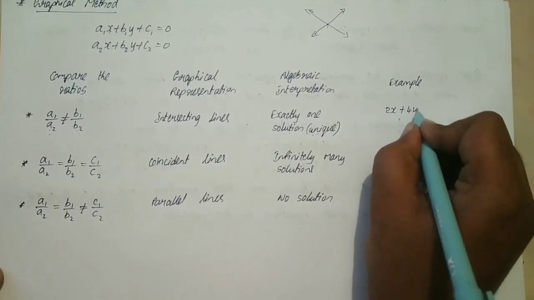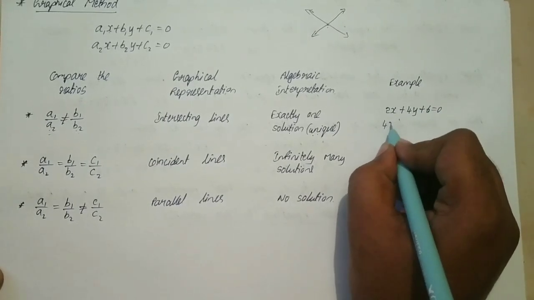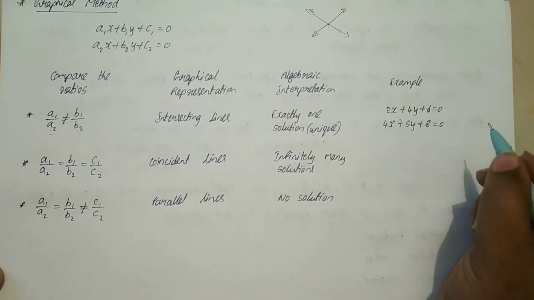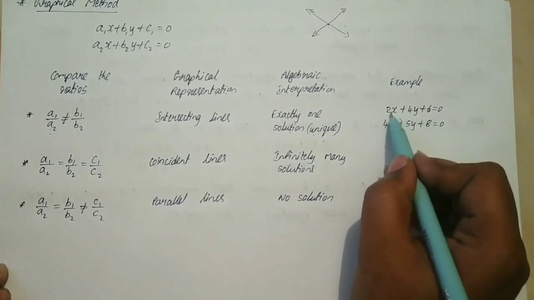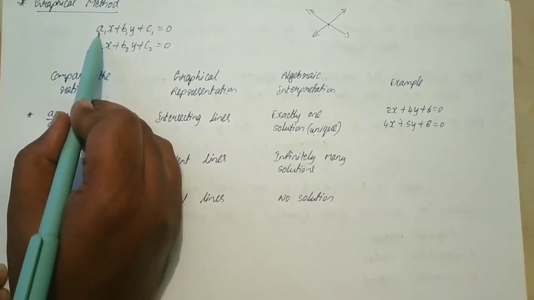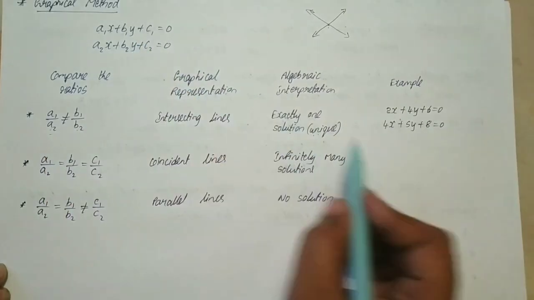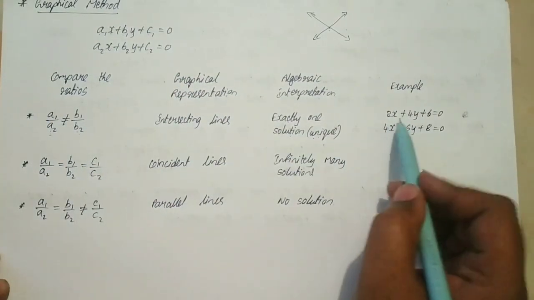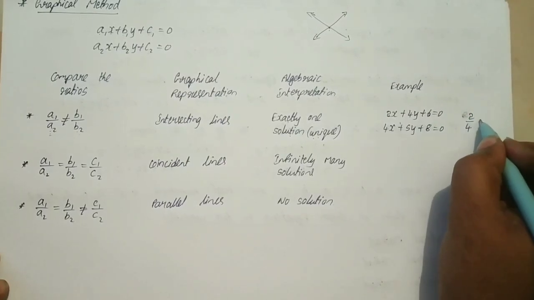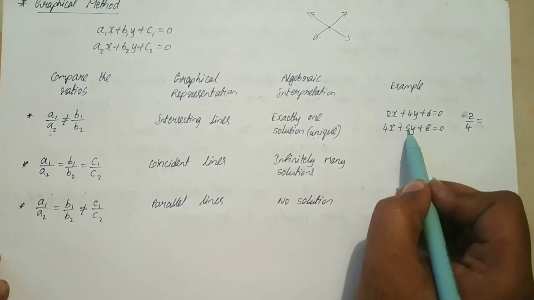2x plus 4y plus 6 is equal to 0, and 4x plus 5y plus 8 is equal to 0. So here compare the ratios. In the first equation, the coefficient of x we call a1, the coefficient of y we call b1, and c1 is a constant, right? So a1 by a2 means 2 by 4, is equal to b1 by b2, where b1 is 4 and b2 is 5.